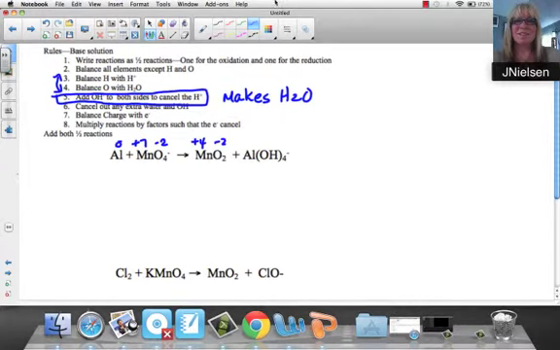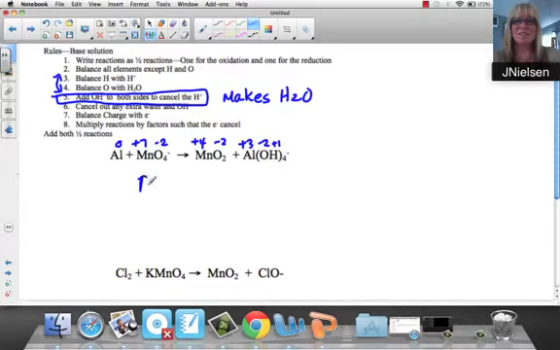Hold on one second. No, that's right. Al is going to be plus 3. My O is going to be negative 2. My H is going to be plus 1. Okay. All right. So let's see what's oxidized and reduced. Well, we can see Al absolutely is going to be oxidized.